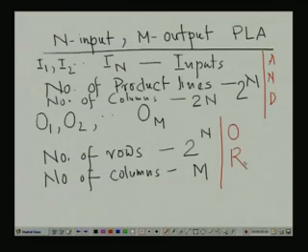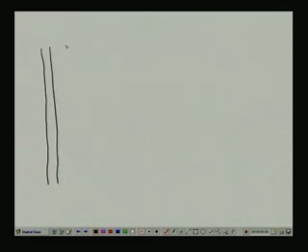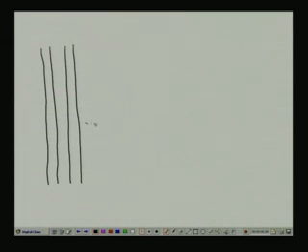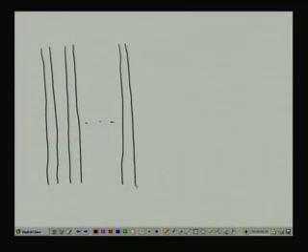Now, if we draw the generic structure of a PLA, it has 2n number of input lines.